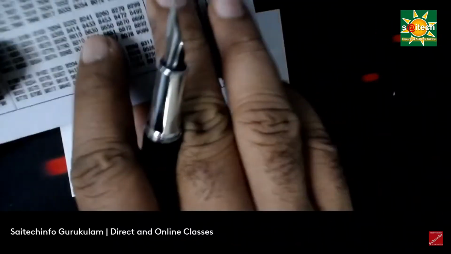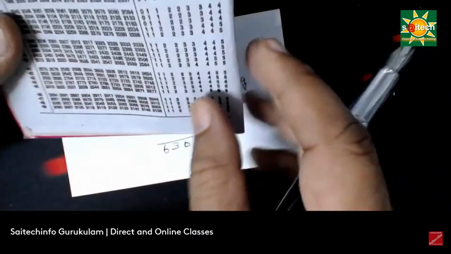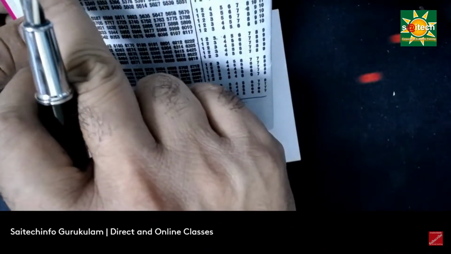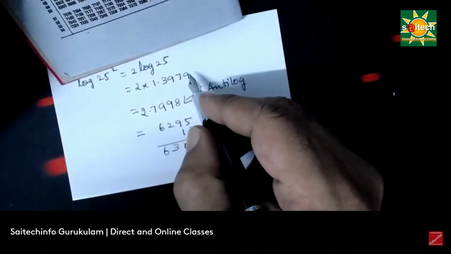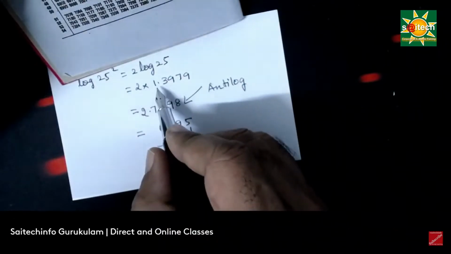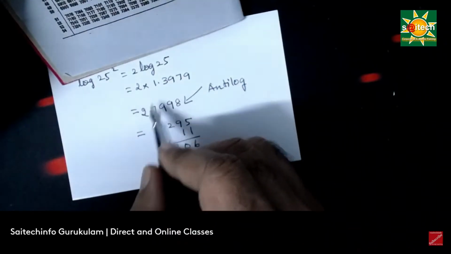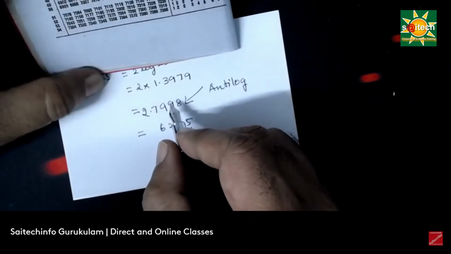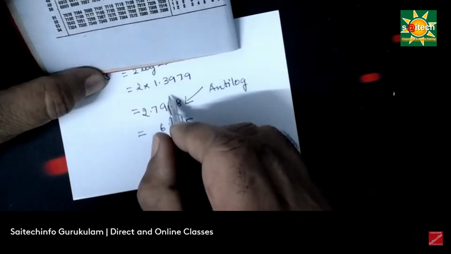Okay, you please check once again for 25. Logarithm 25, what is the value? 3979. Our value is correct. And check whether it is multiplied properly. 2 into 1, 2. And the last one is 58, is it not? Okay, 58.